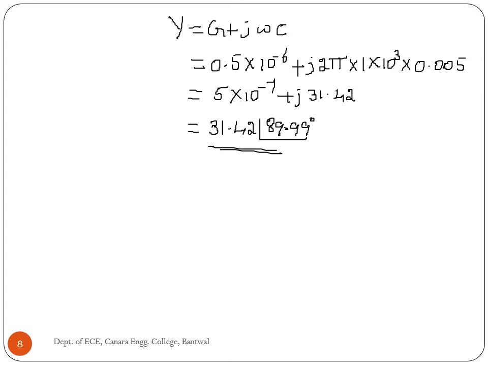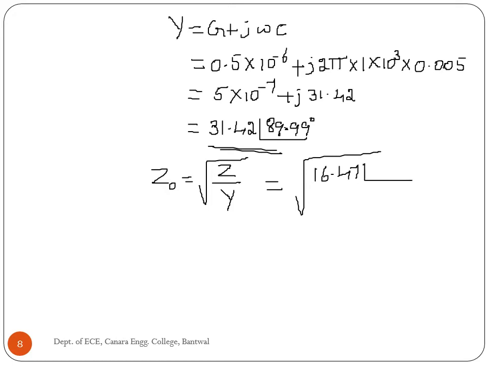Now Z0 is root of Z by Y. Substitute the Z and Y values. Z is equal to 16.47 angle 72.33 degree divided by 31.42 angle 89.99 degree.